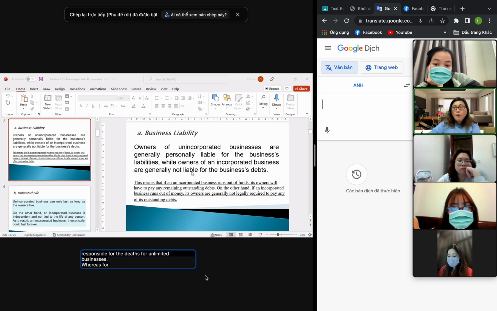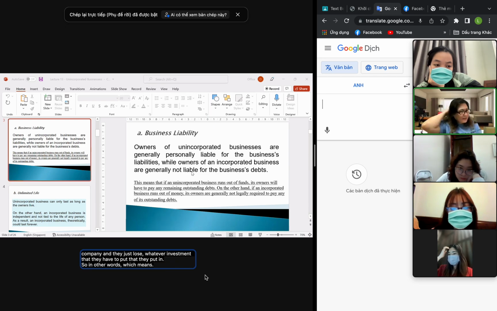Whereas for limited liability, the investors invest into the company and just lose whatever investment they put in. In other words, their personal assets are protected.